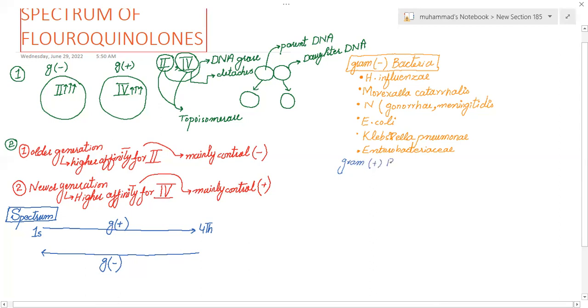In the gram-positive bacteria, the first bacteria is Staphylococcus aureus.